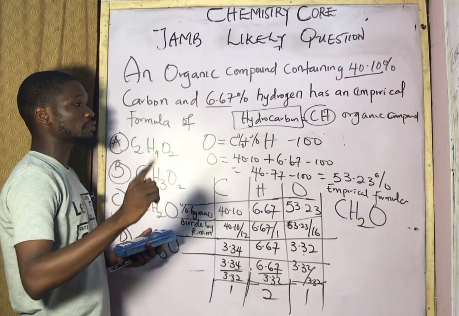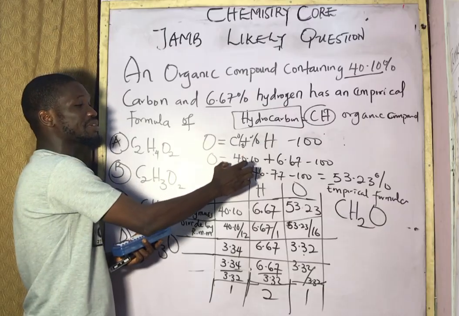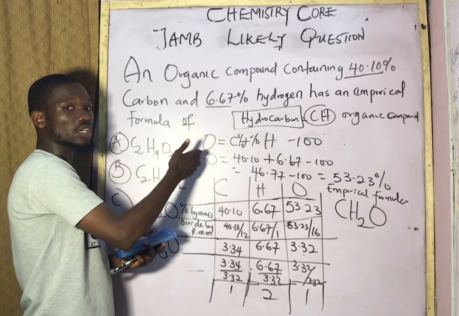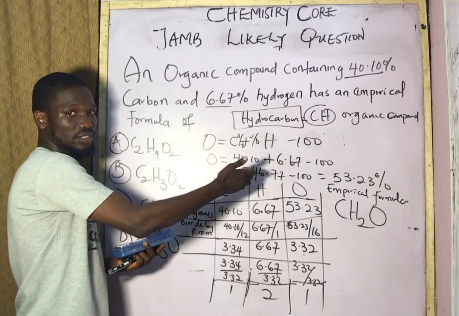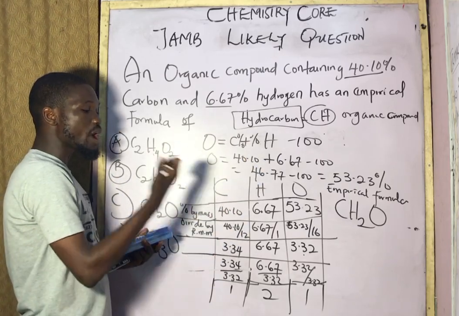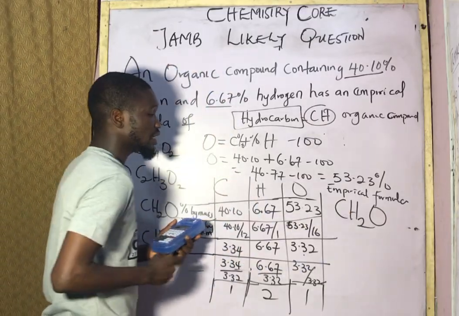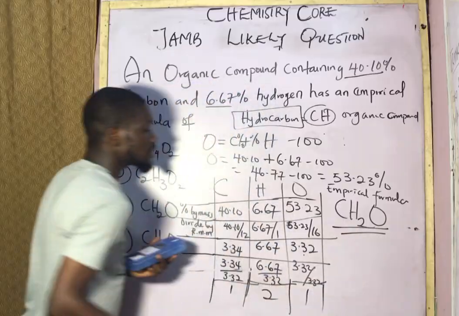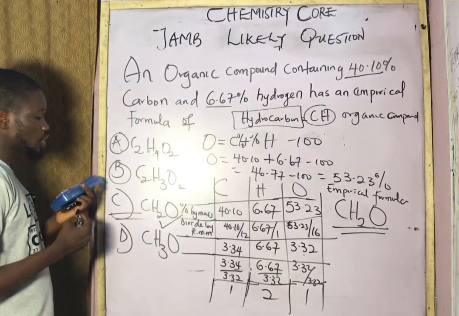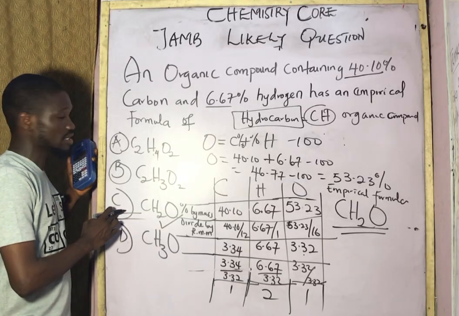And what is missing from that organic compound is oxygen, which I showed you guys how you can calculate for the percentage of the oxygen since it is not given. After that, we take it to the empirical formula table where we have our final answer to be CH2O. This compound is option A. So guys, option C, sorry, not A, option C is the correct answer.